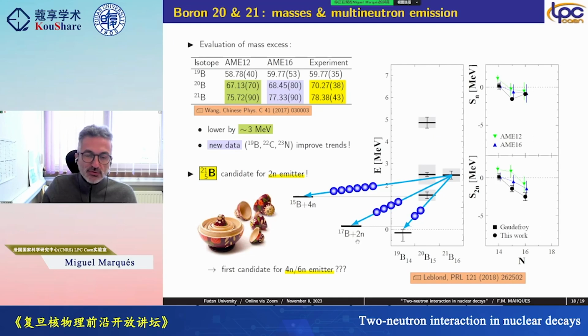Of course, with the data that we already have, we only have statistics for the 2-neutron channel, but in the future we may try to populate this state and measure 4 and 6 neutrons in coincidence with boron-15 and 17. So this could be a link between the 2-neutron interaction.